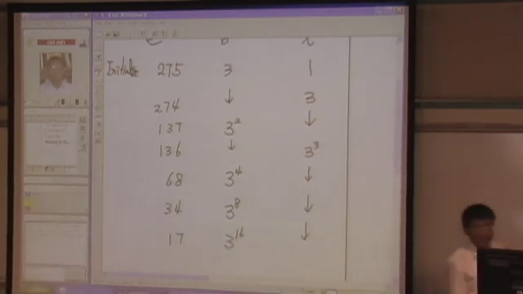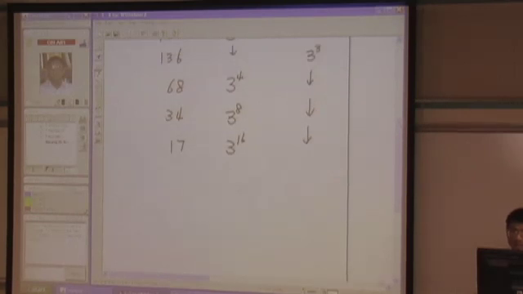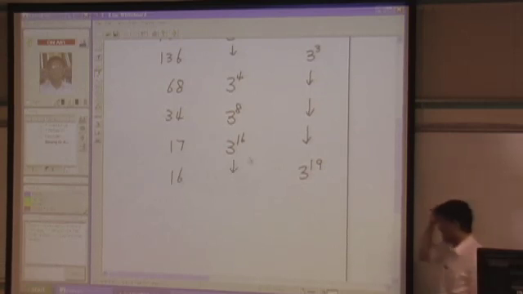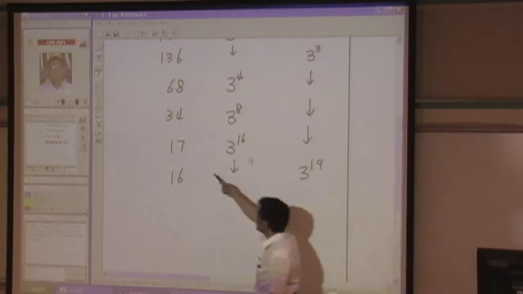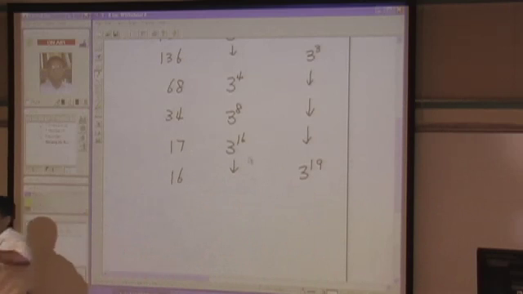Then, because it's odd, what should you do? You multiply b and x. What is b and x multiplication? 3 to the power of 19, right? And then this number should be reduced to this number, right? 16. So you decrease this by 1. So either decrease by 1 or divide by 2, right?